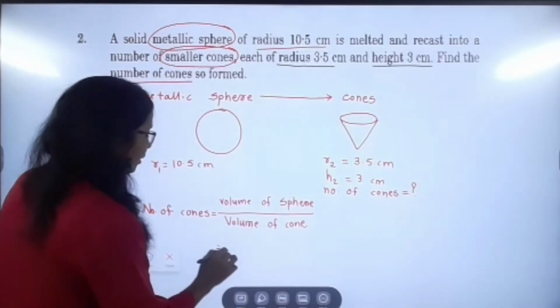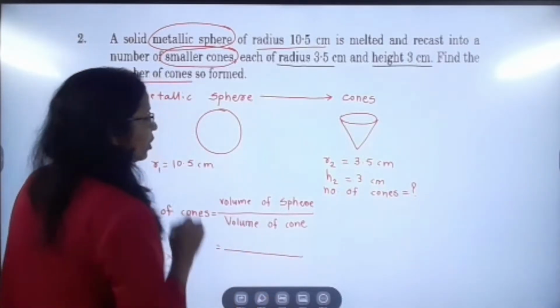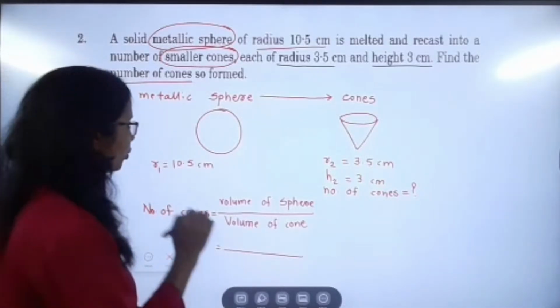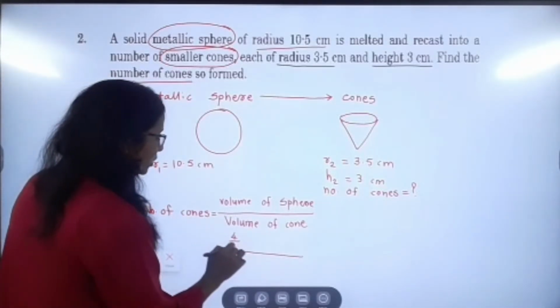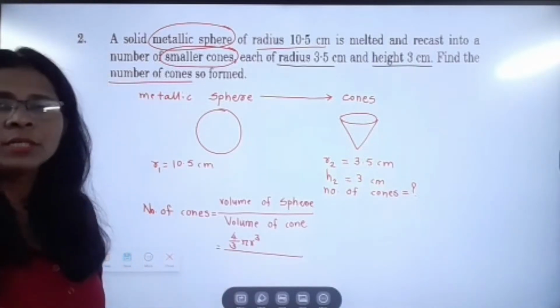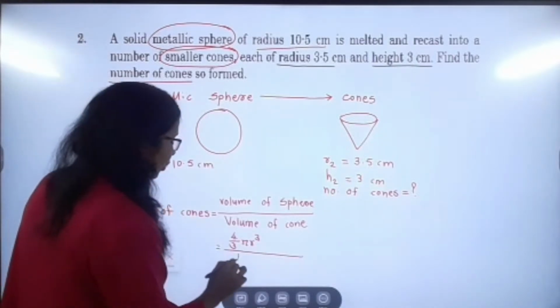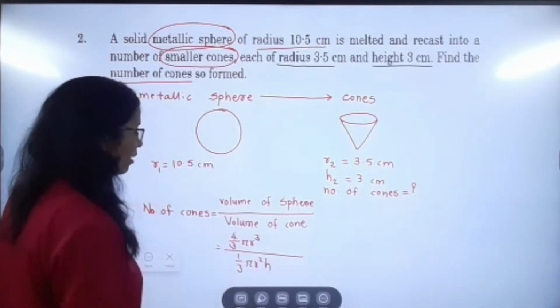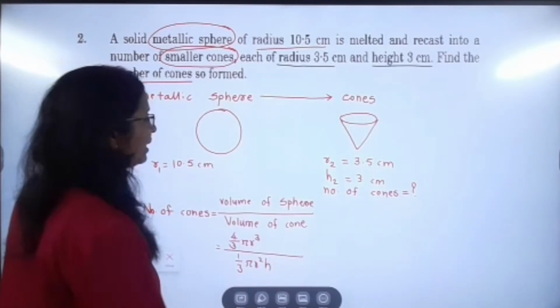So now here the formula for volume of sphere is equal to 4 upon 3 pi r cube, and the volume of cone is 1 upon 3 pi r square h. Now students, we simplify this.